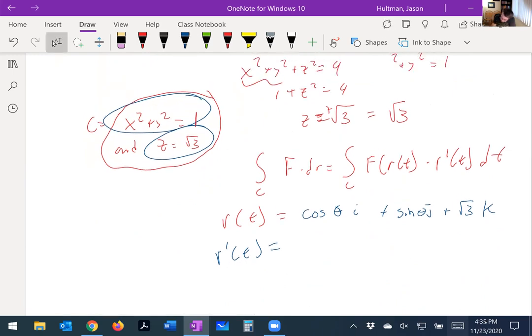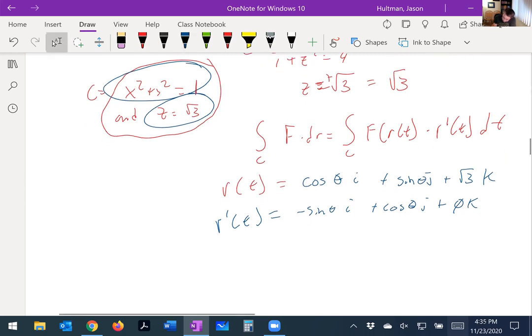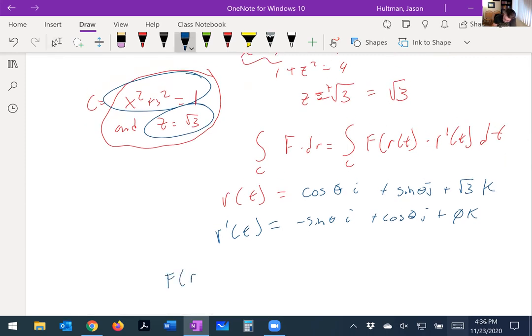Well, r prime of t is going to be equal to negative sine theta i plus cosine theta j plus 0 k, right? Okay, so now I've got to dot these things together. Well, what's F of r of t?